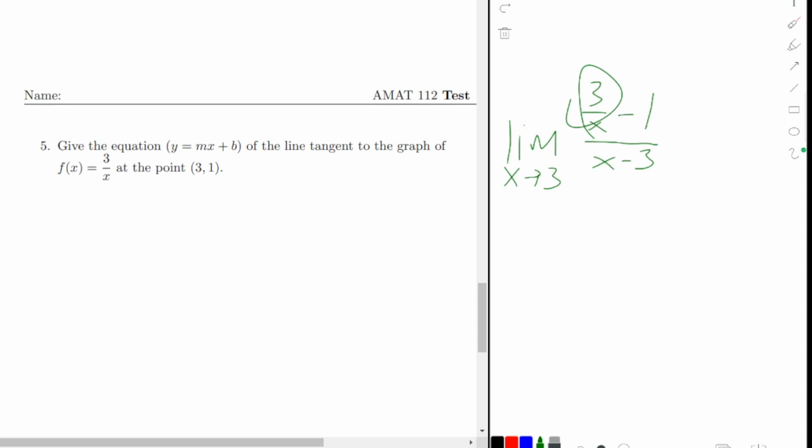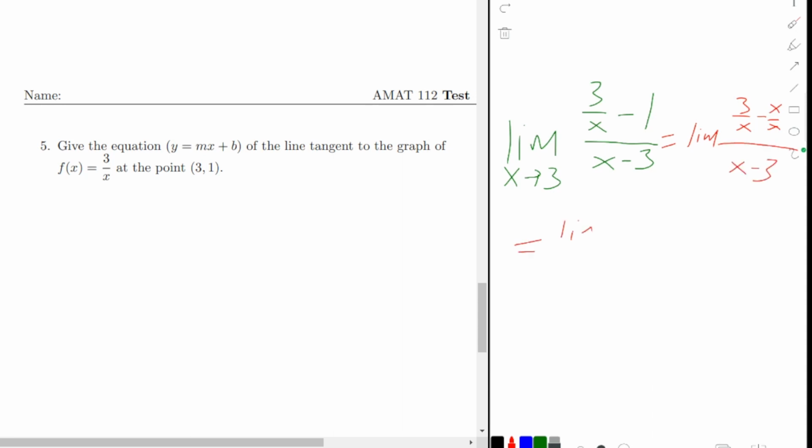Right? This is slope of a tangent line. Here you'd find the common denominator. All right, and this would become 3 over x minus x over x all over x minus 3.